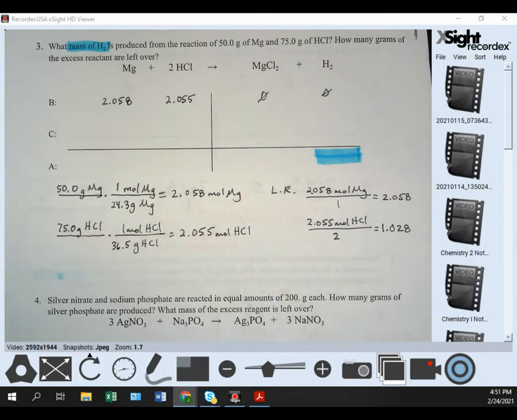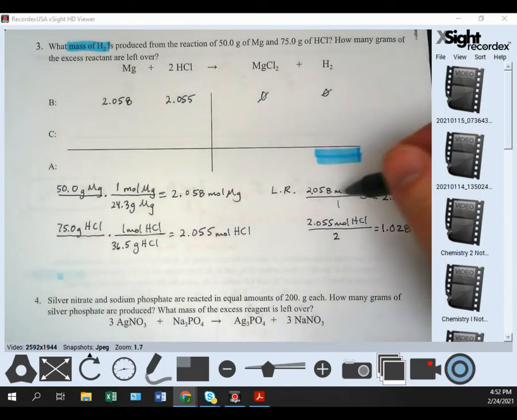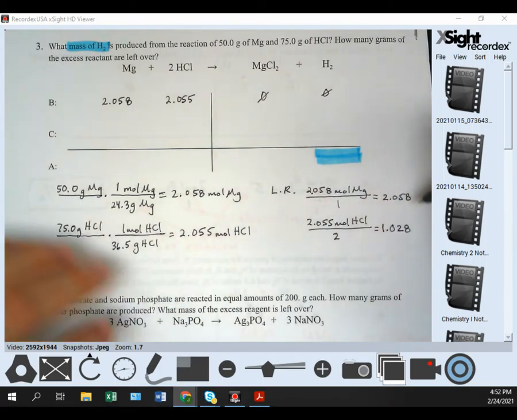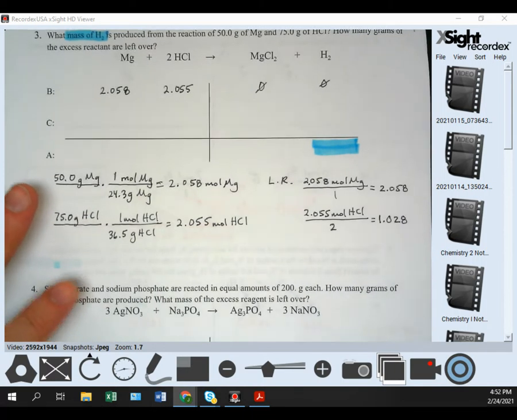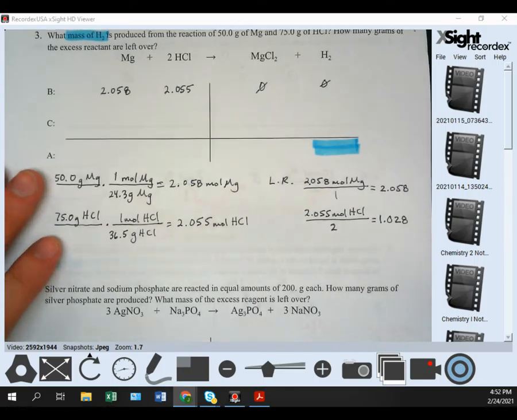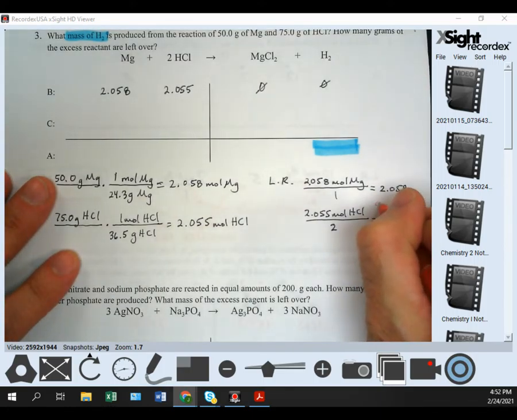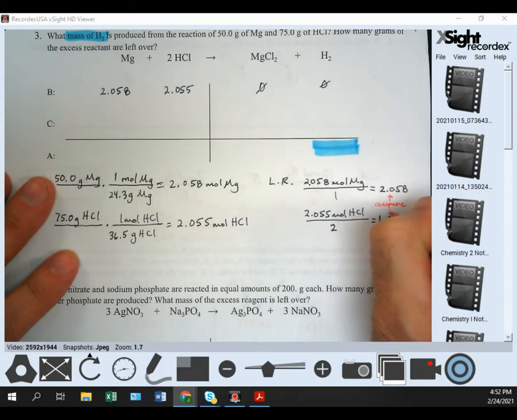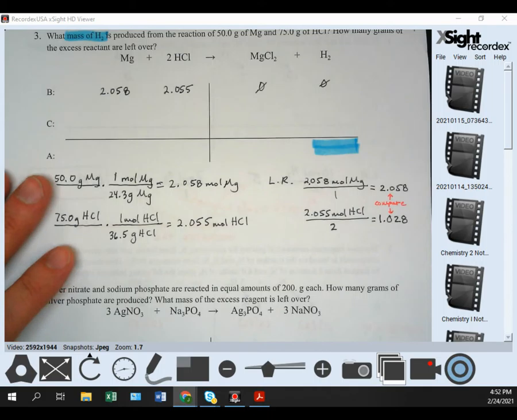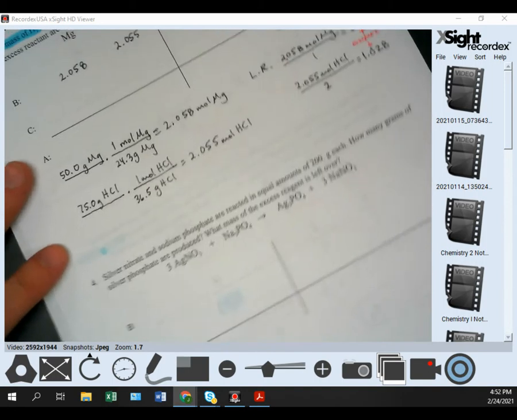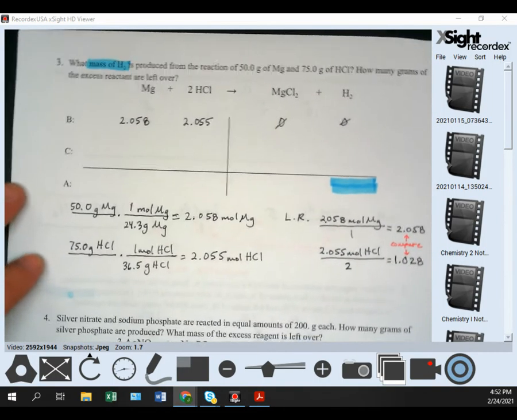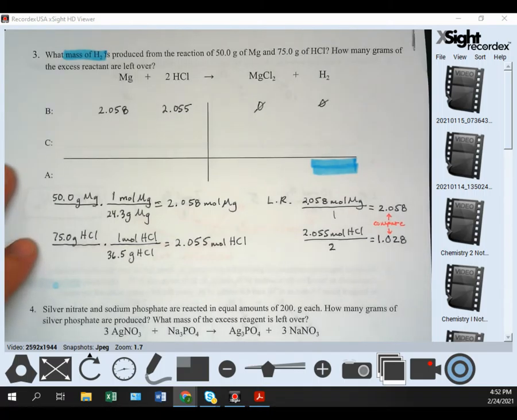Now, after we've taken the moles divided by the coefficient, we compare these, and the smaller one indicates what the limiting reactant is.